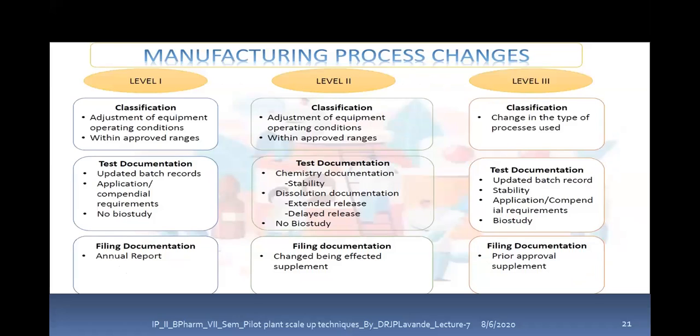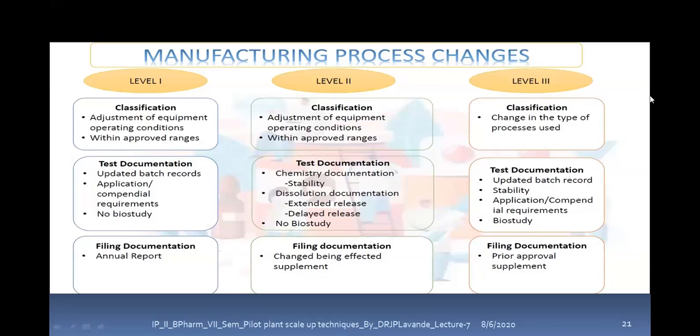Generally, in case of level 1 it is annual reporting, level 2 it is the CBE reporting in the form of the supplement, and level 3 it is the prior approval supplement. For manufacturing process, in case of level 1, the classification is related with the adjustment of the equipment operating conditions within the approved ranges, for which we require the updated batch record, application, compendial requirement, no biostudy.